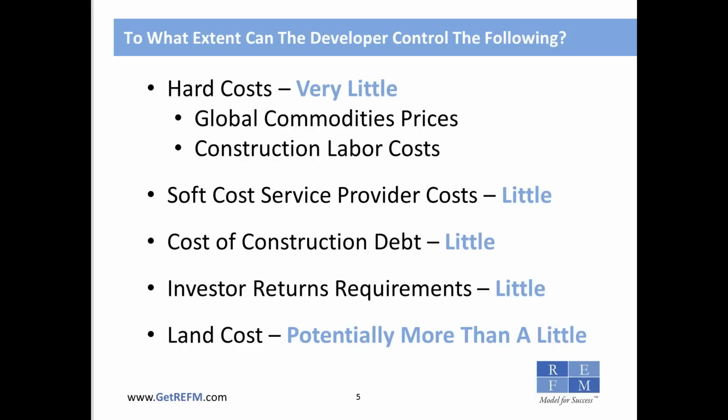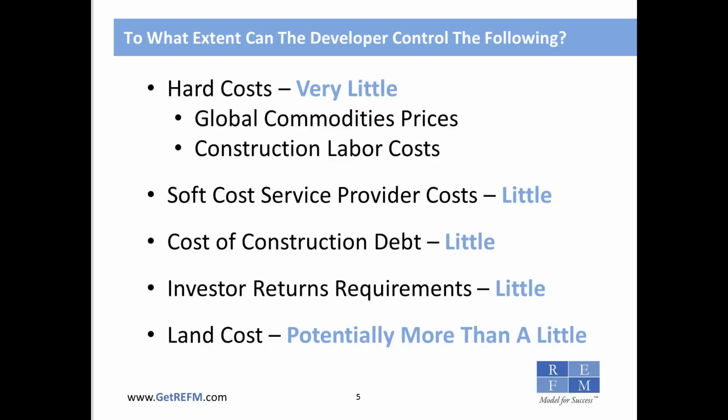Again, no matter how big or wealthy the developer, unless they are using their own in-house construction force, but even so, they're going to want to apply some sort of reasonable transfer price within the company. They have very little control over construction labor costs. And so that's 50 to 60% of your total project cost, or total development budget, right there.